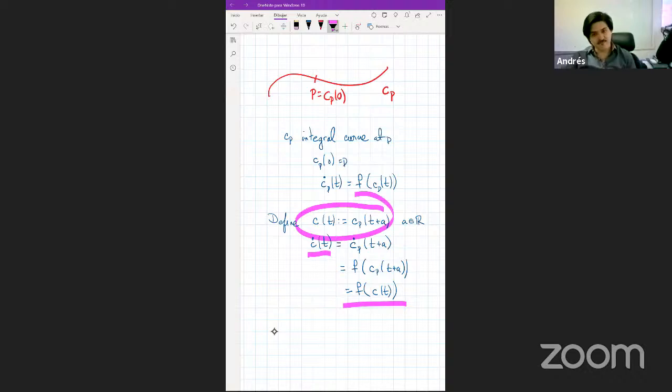As I said, in M or in Rn, it is the same curve, right?